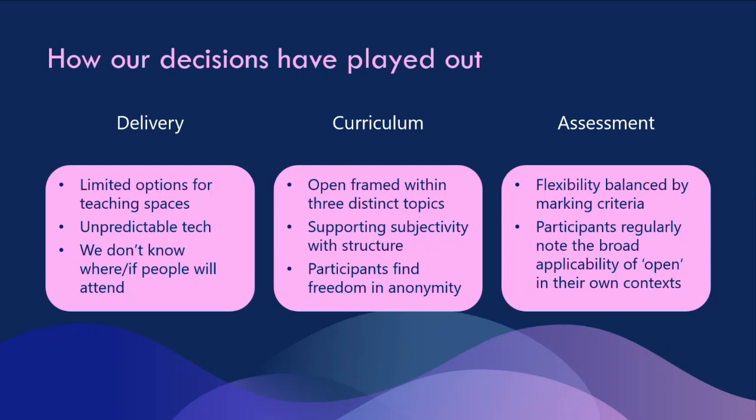So the hybrid delivery choice has been a challenge. It does allow people to choose how they attend and where. We have to book a physical room and make an online space as well. And the physical room doesn't always have the technology or the capability to support hybrid delivery, even if it says it does.